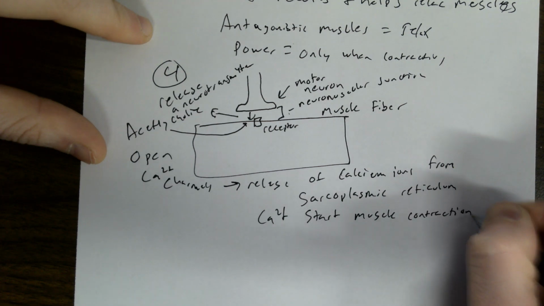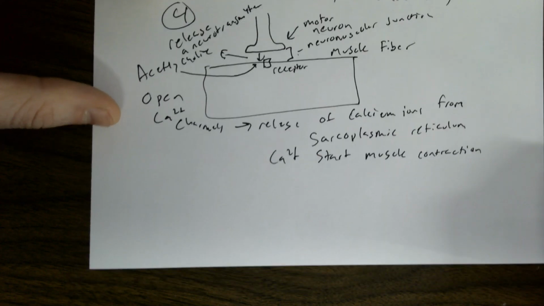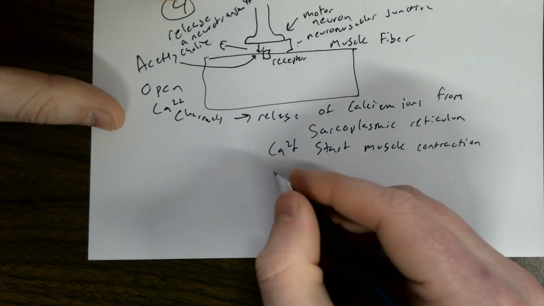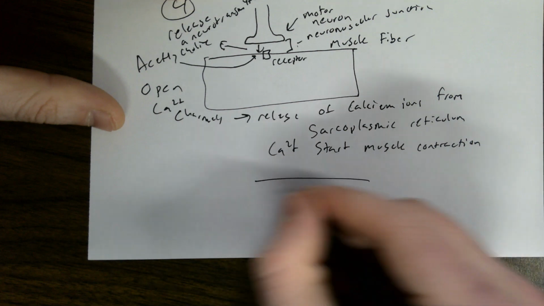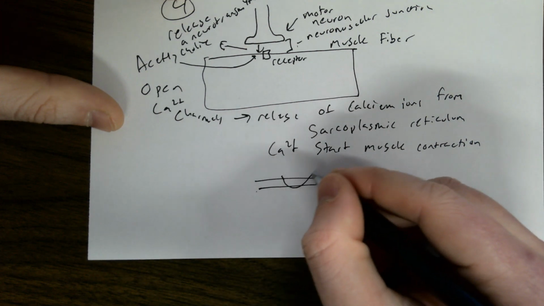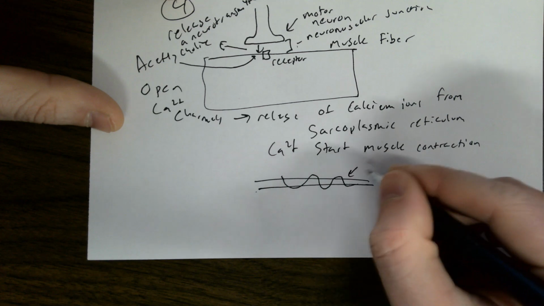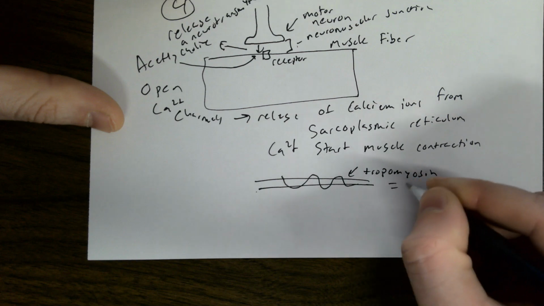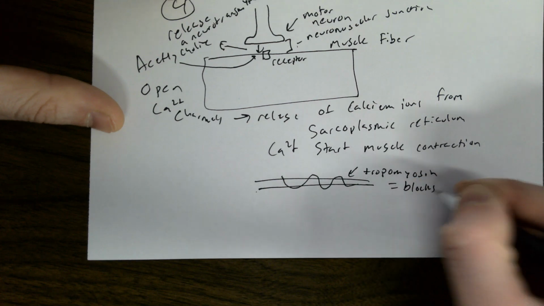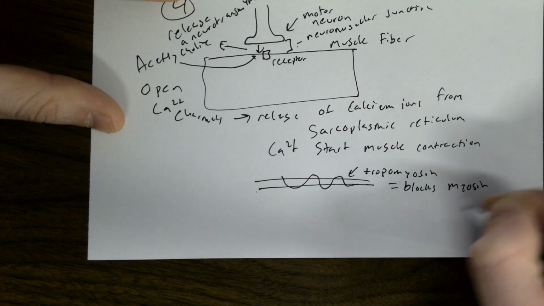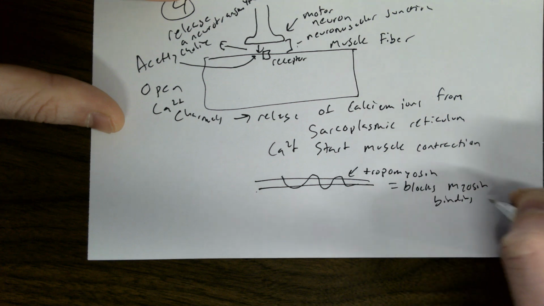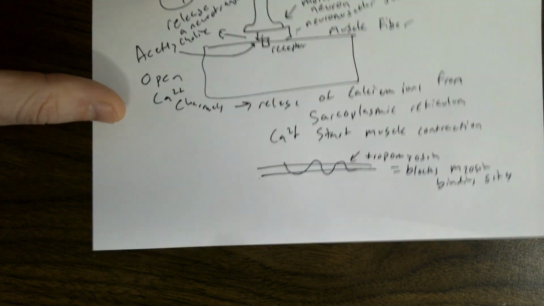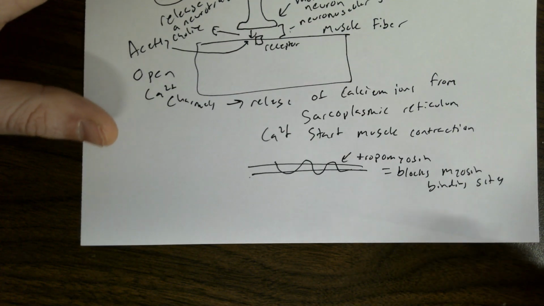This was in the old standards. I am not 100% sure you need to know it for the new standards, but I'm going to say it anyway. On actin, that thin filament, there's this thing called tropomyosin. And tropomyosin blocks the myosin binding sites. And it has to be moved before you can start muscle contraction.